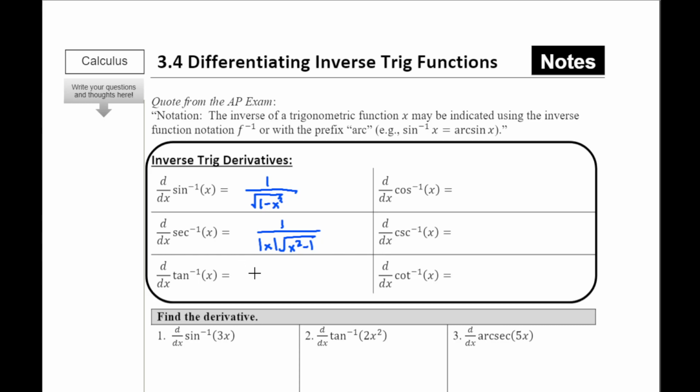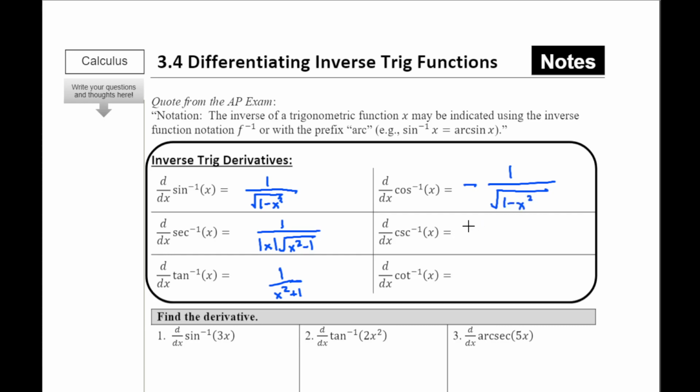The derivative of arctan of x is 1 over x squared plus 1. The derivative of inverse cosine of x is negative 1 over the square root of 1 minus x squared.